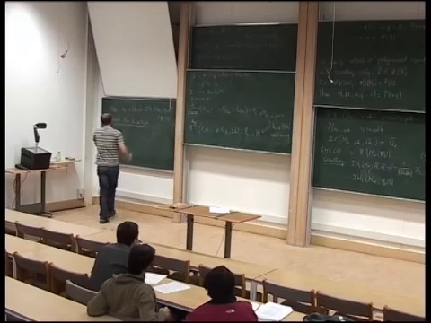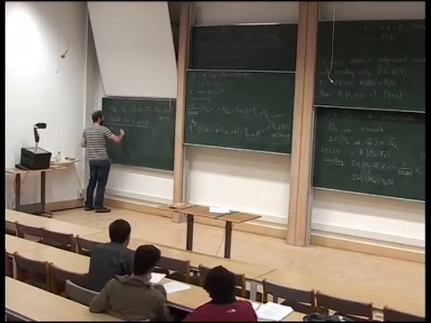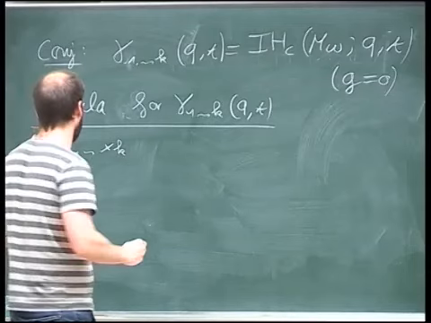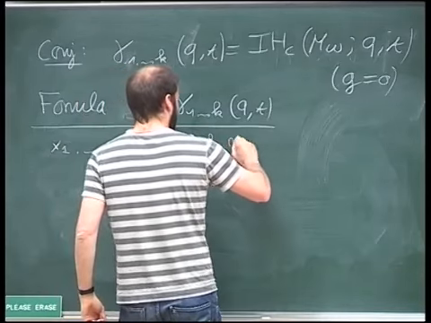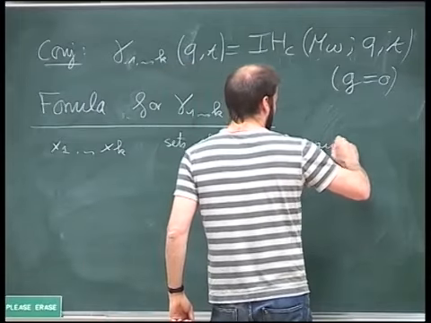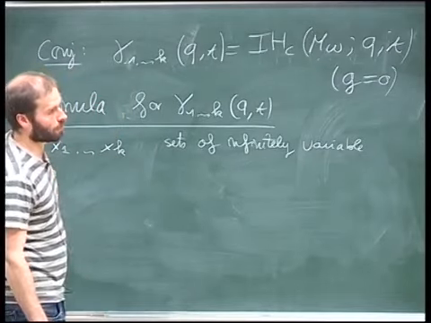Okay, so let me give a combinatorial formula. You take k separate sets of infinitely many variables, one attached to each puncture or to each conjugacy class.